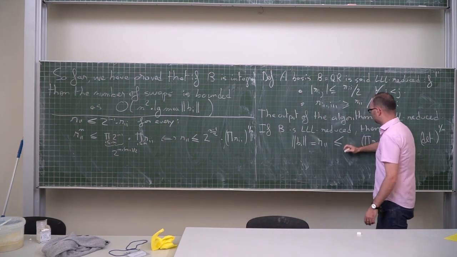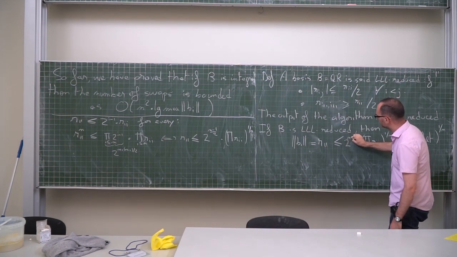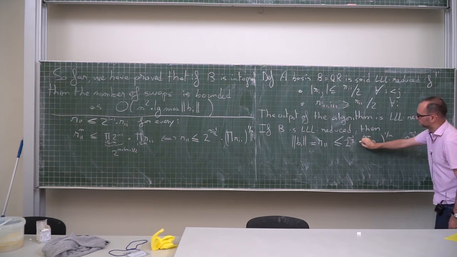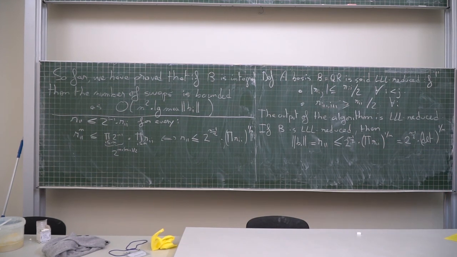So this quantity here is 2 to the n minus 1 over 2. Which is exactly what I promised at the start. I promised that I would find a B1 which is not too large compared to the nth root of the determinant. So here, not too large is within an exponential factor.